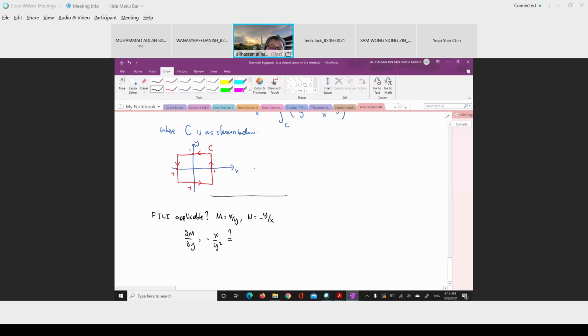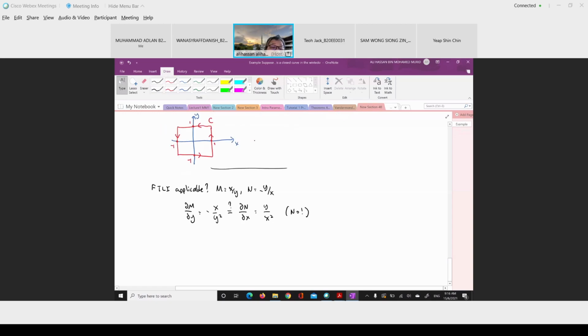Is it equal to N partial x? N partial x is plus y over x squared. It is not equal, so FTLI is not applicable here.